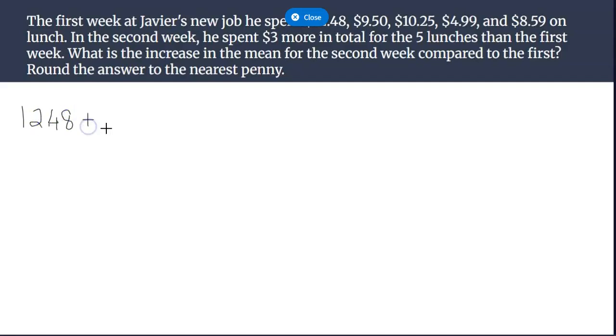We've got $12.48, $9.50, $10.25, $4.99, and $8.59.